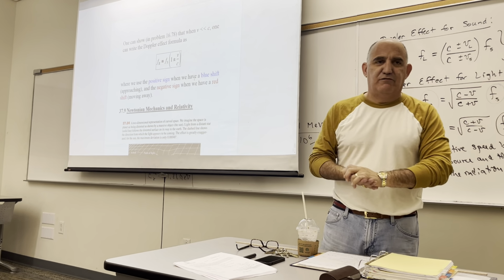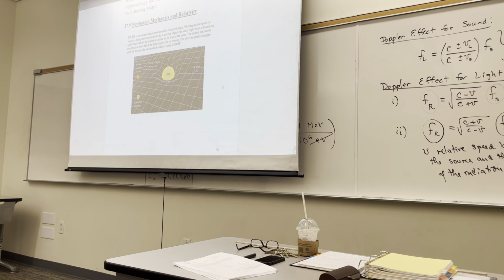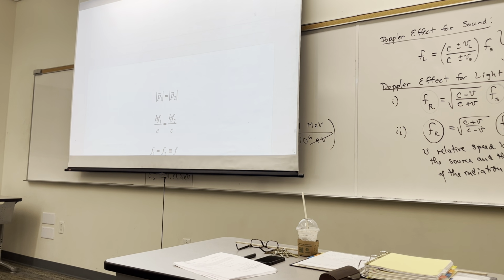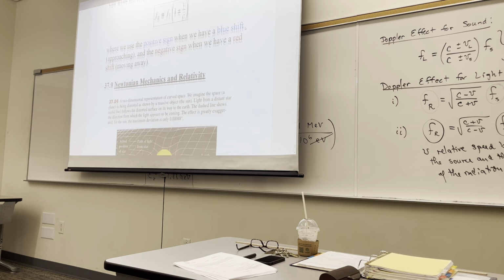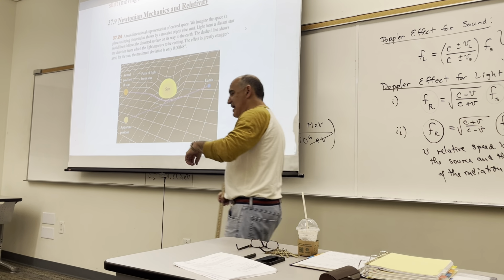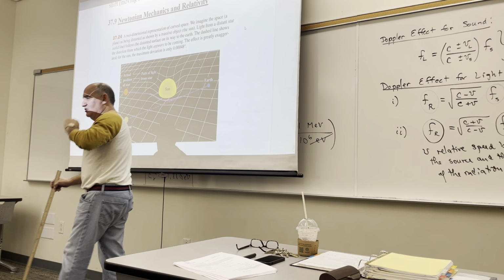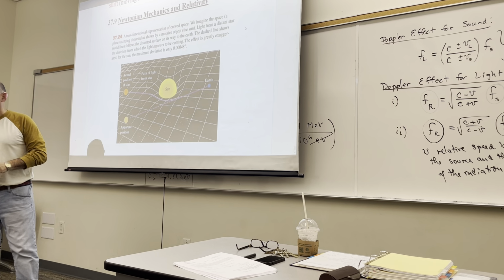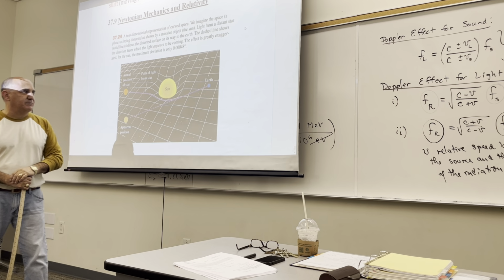And the last picture that I have over here is really cute, I think. The idea is the following. Albert Einstein made corrections to the theory of gravity that was first enunciated by Isaac Newton.